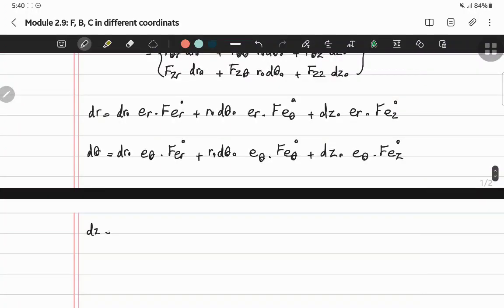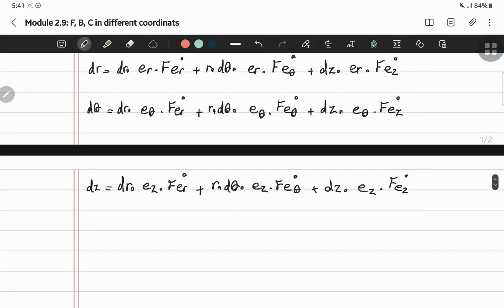Next we have dz is equal to dr0 e_z dot F e_R0 plus r0 d theta 0 e_z dot F e_theta0 plus dz0 e_z dot F e_z0.